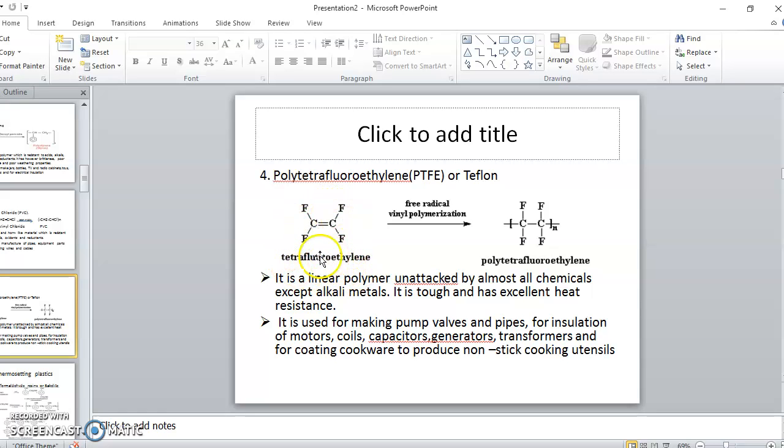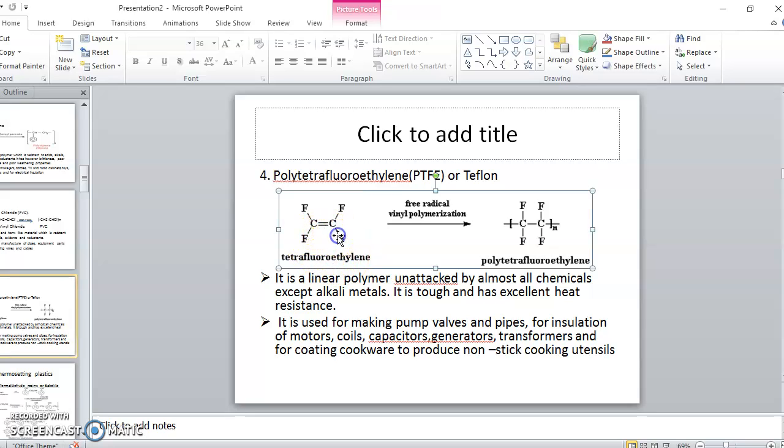Tetrafluoroethylene: ethylene with all four hydrogens replaced by four fluorines. Then we carry out free radical polymerization. So we get polytetrafluoroethylene. It is a linear polymer unattacked by most alkalis and unattacked by almost all chemicals except alkali metals.